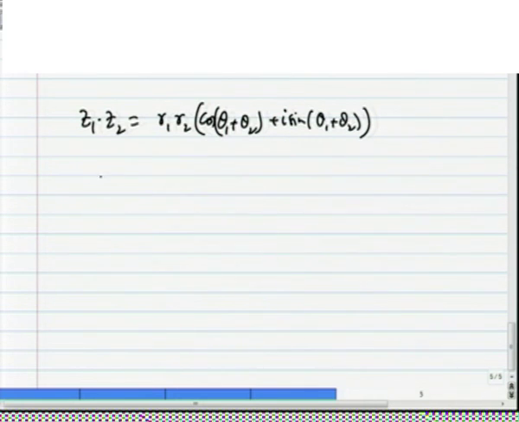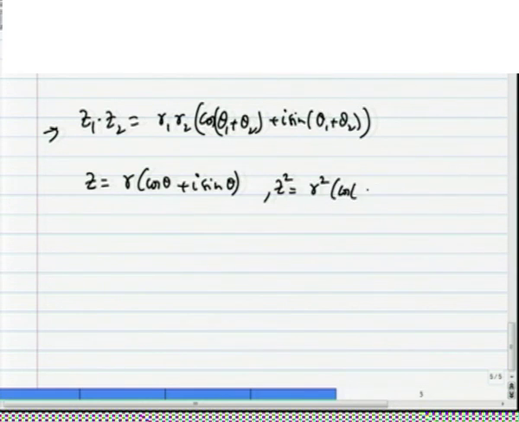Okay. So, this we saw. As a consequence, if you consider z equals r cosine theta plus i sine theta, I will drop the subscripts. Then z squared is equal to r squared cosine theta plus theta, so that gives me 2 theta, plus i sine 2 theta.